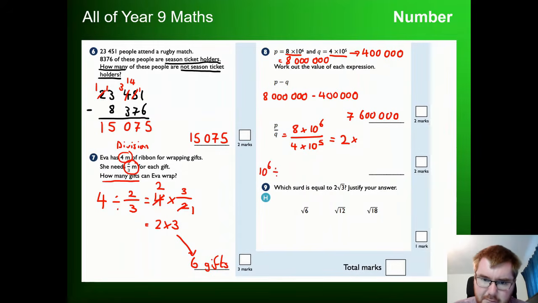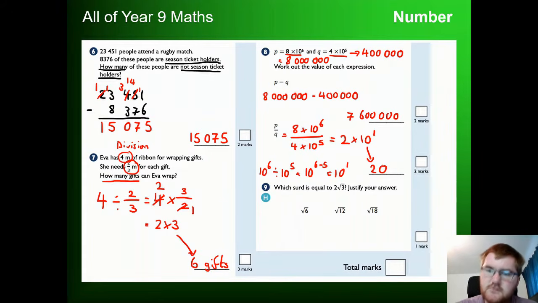So if I write this out separately, when we're working with indices and we're dividing, we minus them. So we do 6 minus 5. That just gives us 10 to the power of 1, which is 10. So by using standard form, we've actually sped up the process here. And 2 times 10, well, that's just going to be equal to 20, like so.